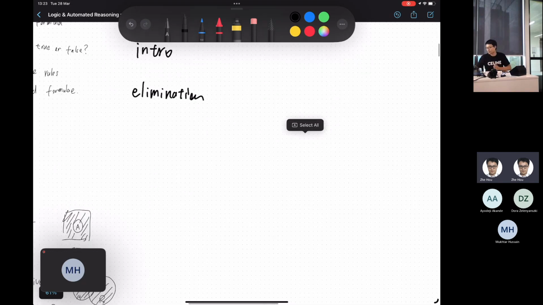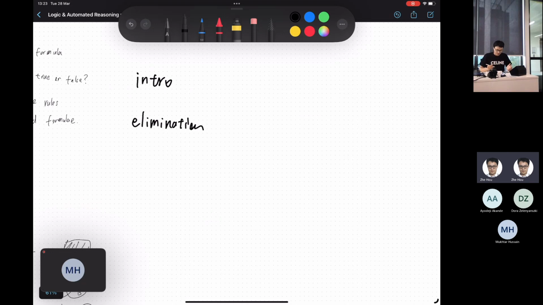We're going to go from the easiest one. Basically, we'll have an introduction rule for a logical connective, and then an elimination rule for that logical connective.